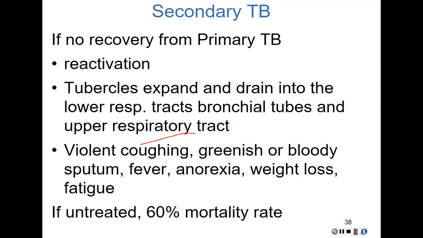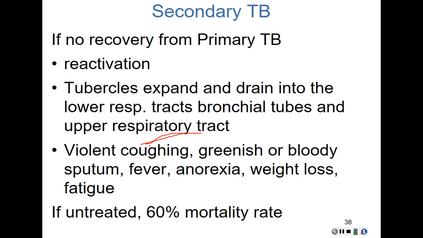You get extensive and violent coughing. The type of sputum can sometimes have color to it, not in all cases. Greenish in some cases can be an indicator. Bloody sputum, and can lead to a host of other issues, and can be fatal in itself.